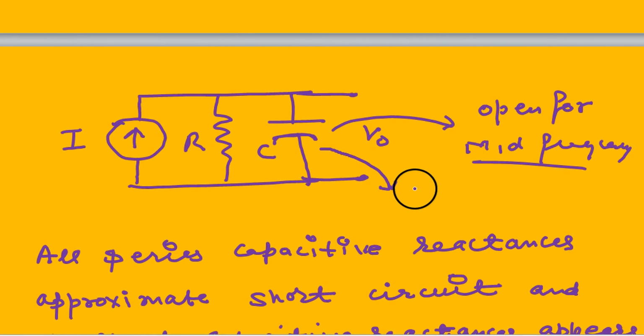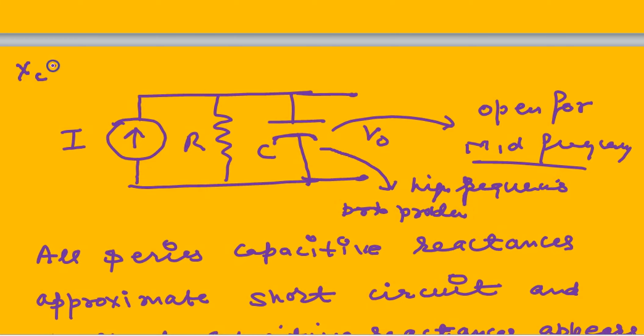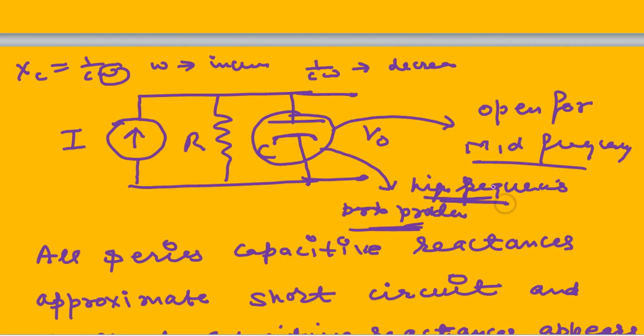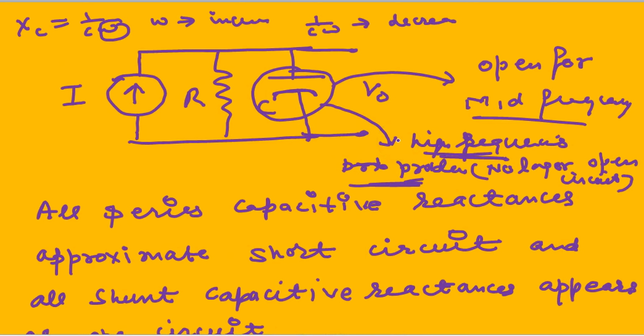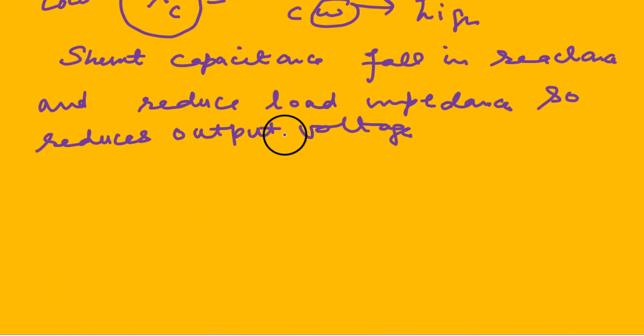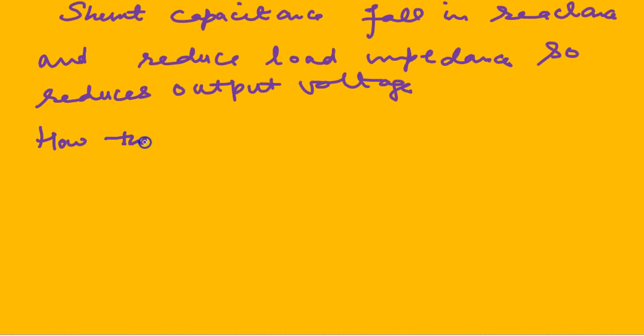There is some value of the shunt capacitor at the high frequency. So with the result, it affects the output voltage. So it is creating the problem. Shunt capacitance creating the problem at the high frequency. So it is reducing the output voltage.